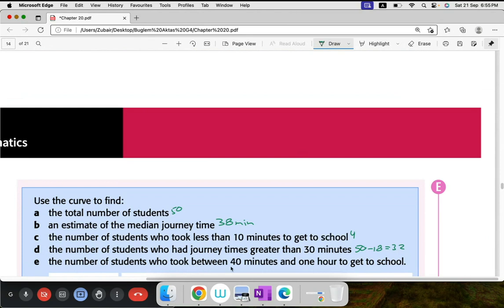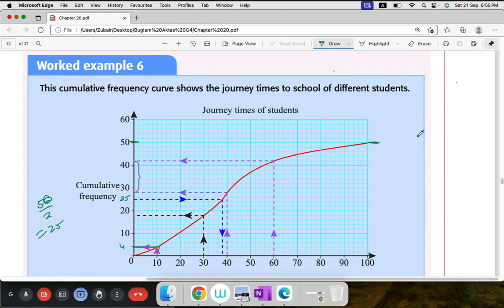The number of students who took between 40 minutes and 1 hour to get to school. Between 40 and 1 hour.